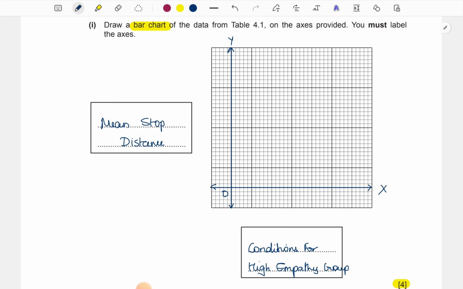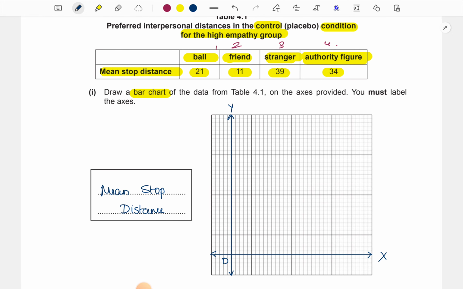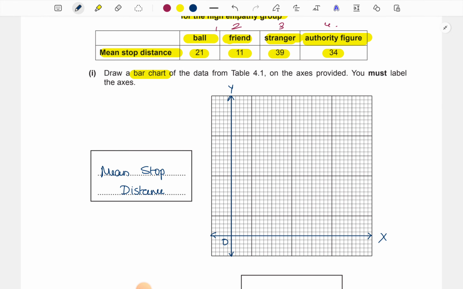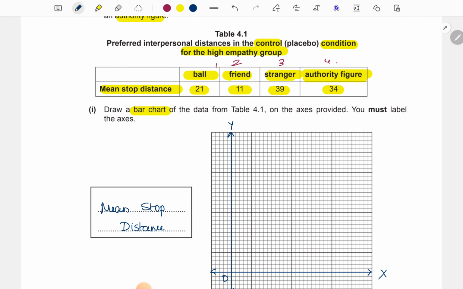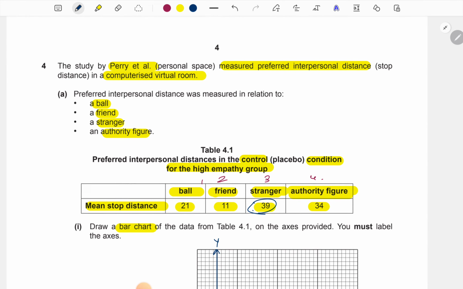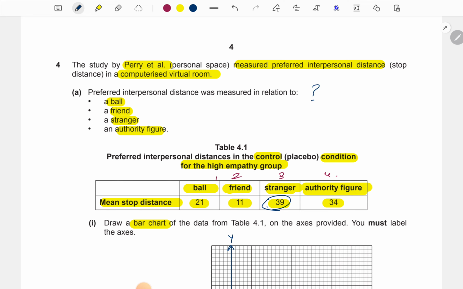Before I draw anything, I need a scale on the y-axis. I can see I have to reach up to 39. So I think about 40 being represented on the y-axis should be good, because they have not given the total distance here. From the experiment, we know that maximum distance could be 100, but since they haven't specified it here, we'll take 39 as the upper limit.